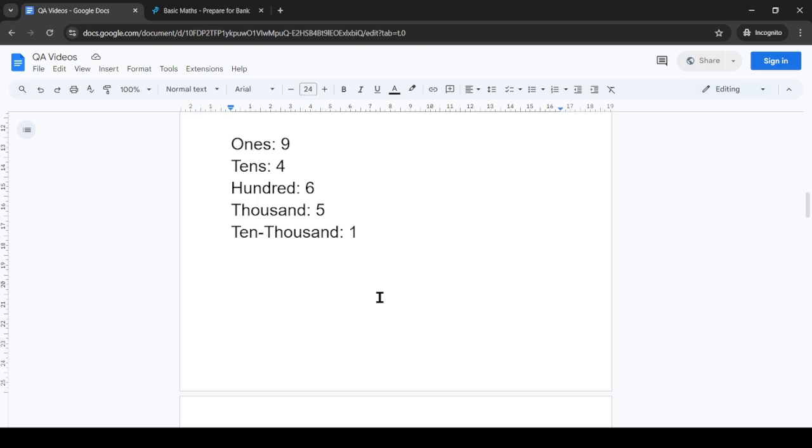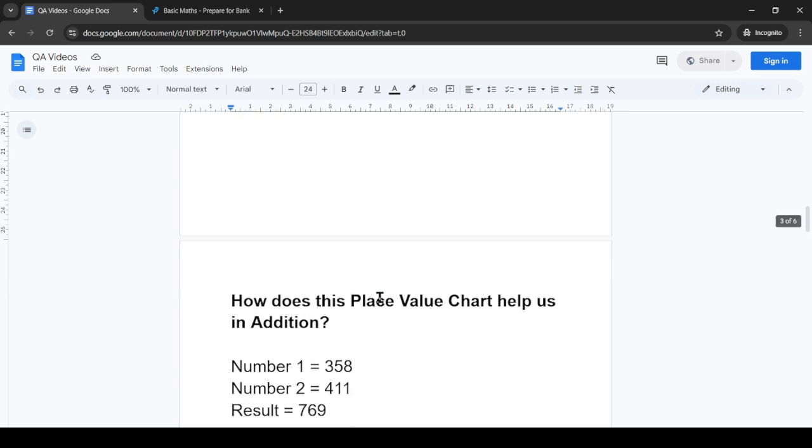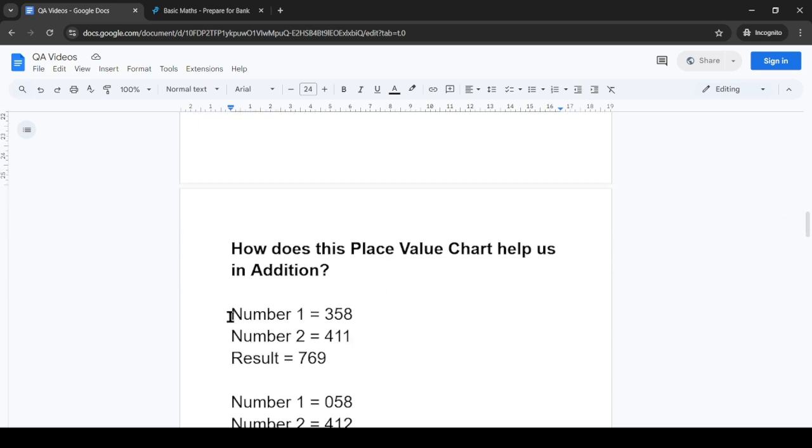Now how does this place value chart help us in addition? Let's say we have two 3 digit numbers, 358 and the second number 411. How are we going to add them?